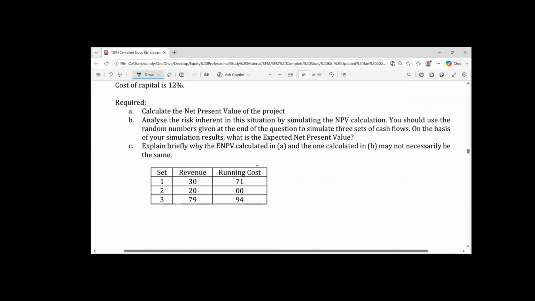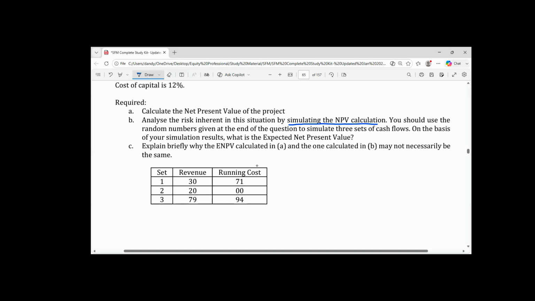All right. B, analyze the risk inherent in this situation by simulating the NPV calculation. You should use the random number given at the end of the question to simulate 3 sets of cash flows. On the basis of your simulation results, what is the expected NPV?